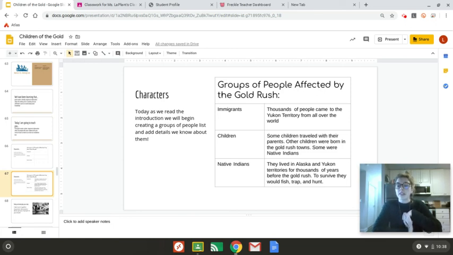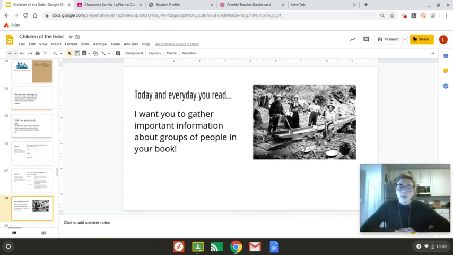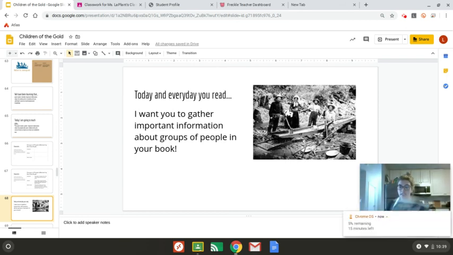So you can imagine this was their territory, this was their land. And then all of a sudden, thousands of people came moving west in search of gold. And to survive, they would fish, trap, and hunt. They didn't keep animals like the settlers were starting to do. So that was all important because we know that we're going to read about all those different groups once we get into the chapters here.